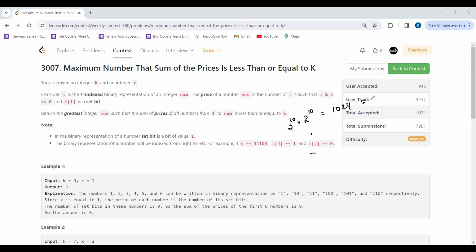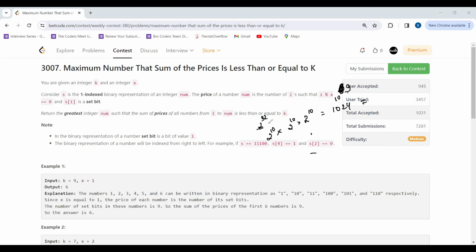Let us count it as 10 to the power 3 only, for our convenience, not exact maths. Then 2 to the power 20 will be around 10 to the power 6. Again, multiplying by 2 to the power 10, it will become 10 to the power 9. So it will come out to be around a 32-bit number.